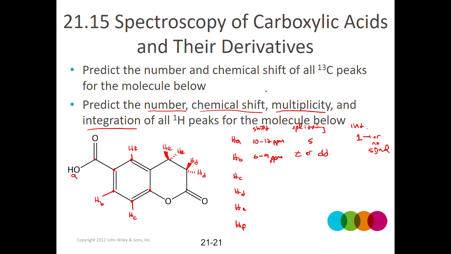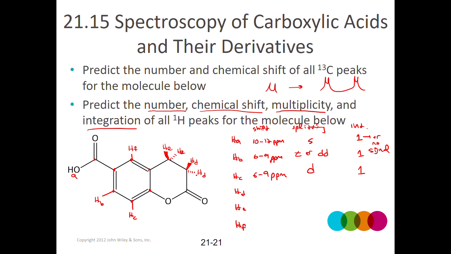I'd see one doublet, but then that would be split into two more doublets. The integration there would be 1 because there's only one hydrogen of that type. HC, there's nothing to split it on any of these carbons here except HB. So that would also be aromatic, but it would be split into a doublet and it would have an integration of 1.